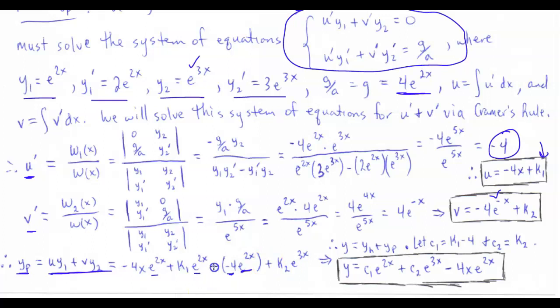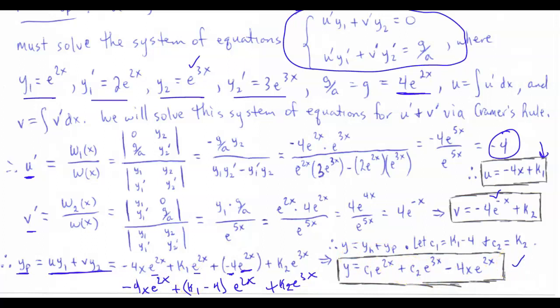So these two terms here would combine together. And so this would look like k1 minus 4 e to the 2x if we were writing that out. Of course, this would be k2 e to the 3x here. And this would be the minus 4x e raised to the 2x here.